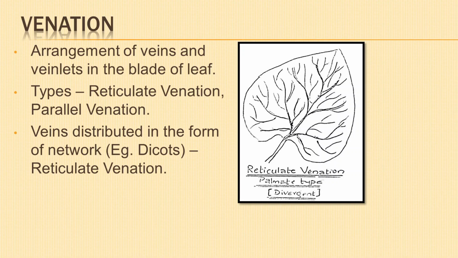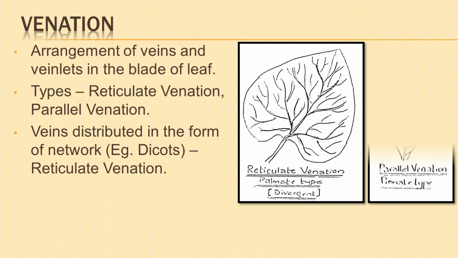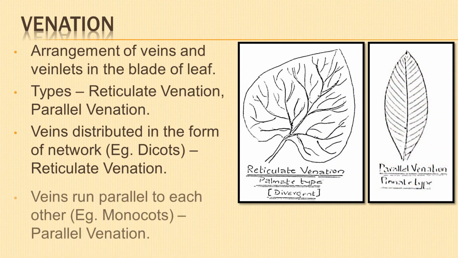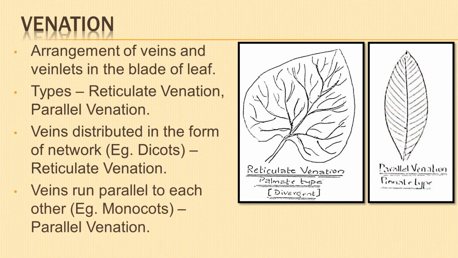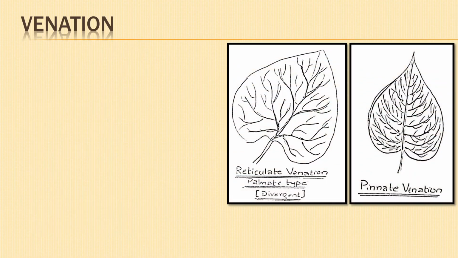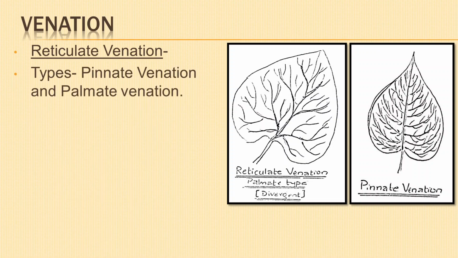It is most common in the leaves of dicotyledons. When the veins run parallel to each other, it is known as parallel venation, as seen in the leaves of monocotyledons.